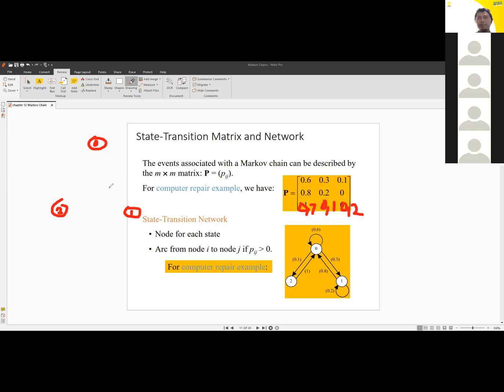For the first row, it's quite similar: 0 to 0 is 0.9, 0 to 1 is 0.3, and 0 to 2 is 1.1. Yes, it is correct.